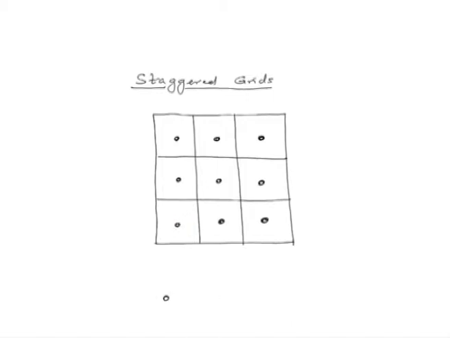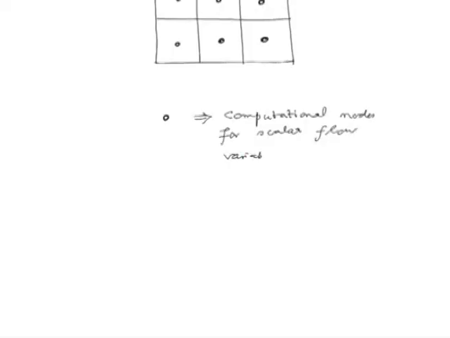So, filled dots indicate computational nodes for scalar flow variables, for example, pressure, density and temperature.